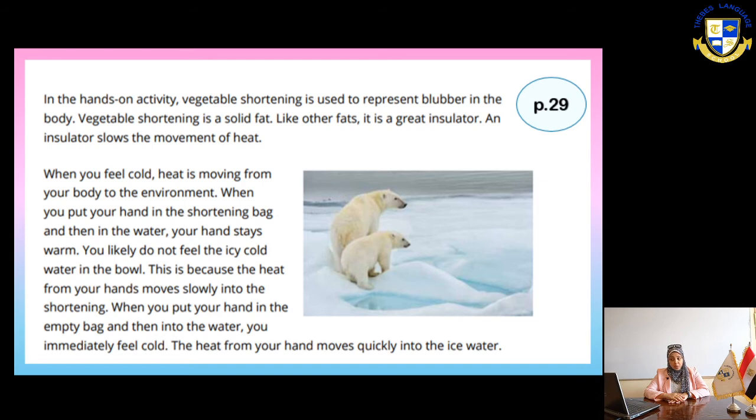When you feel cold, heat is moving from your body to the environment. When you put your hand in the shortening bag and then in the water, your hand stays warm. You likely don't feel the icy cold water in the bowl. This is because the heat from your hand moves slowly into the shortening.